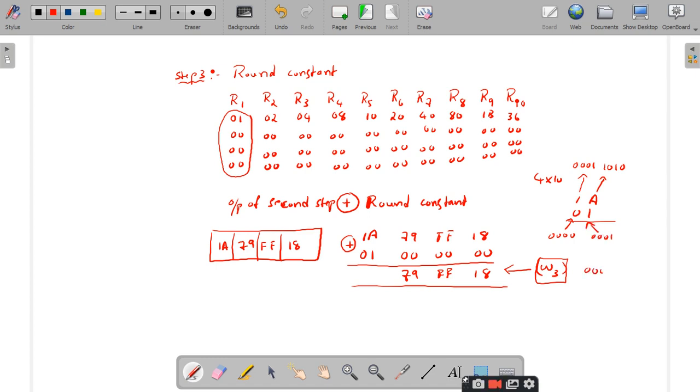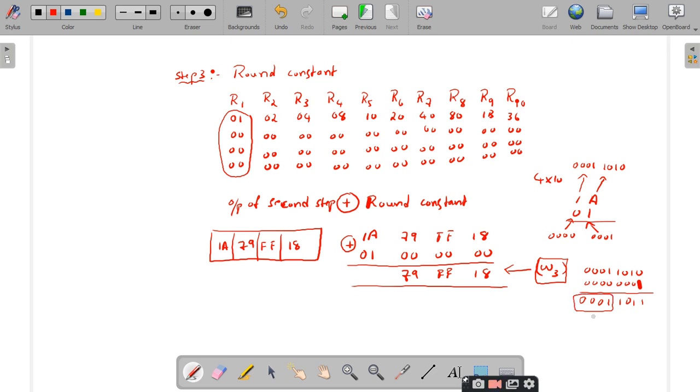So I have to perform the XOR operation of this 1A with 01. So what will I get? This is 1, this is 1011, and XOR operation means whenever we have the same bits we will get the output as 0. Whenever we have different bits we get the output as 1. So what will I get here?